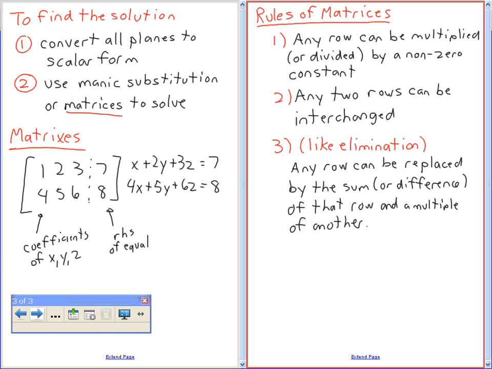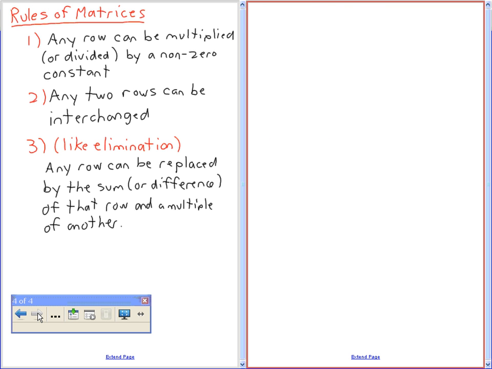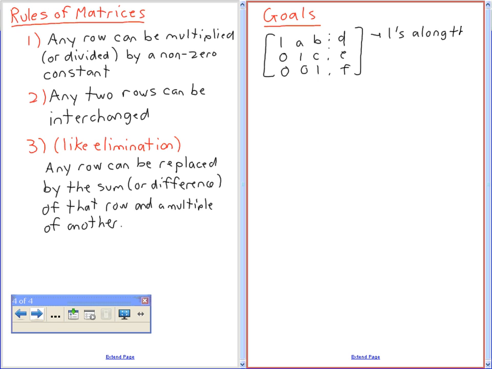I'm going to show you the goals and the final step. You want to have a matrix that looks like this. Ones along the diagonal. Zeros underneath.